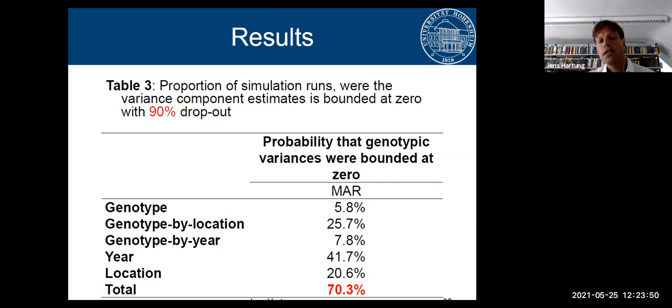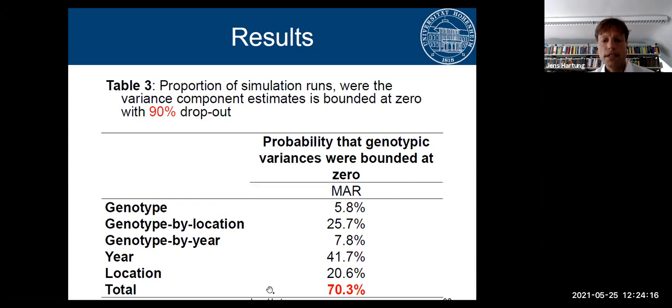So what we take a look at is the probability that the variance component is 0. Either it is estimated at 0, or the ANOVA estimate would be negative and it is set to 0. And we look at this probability for the genetic and genotypic and the remaining variances.